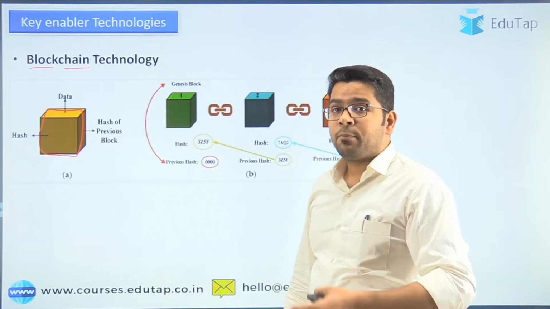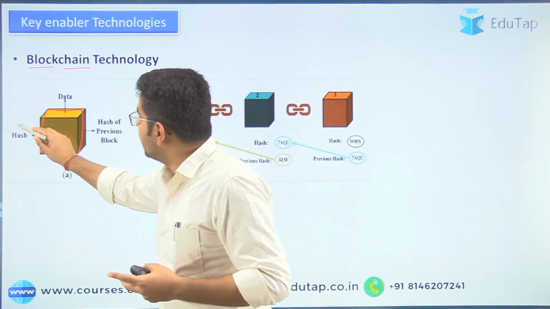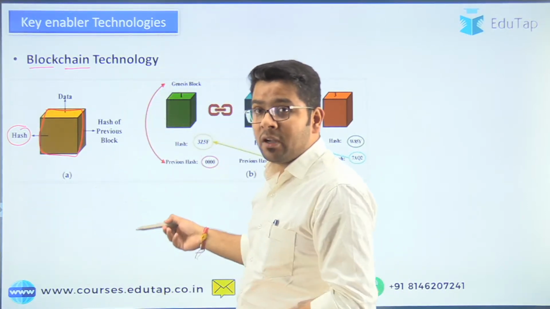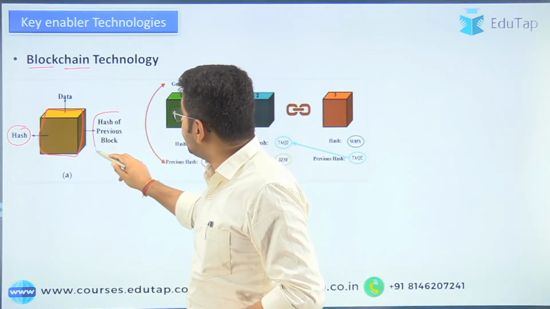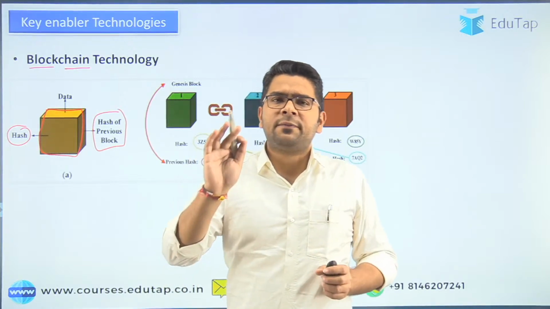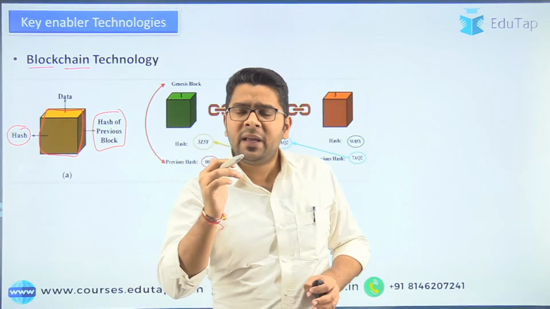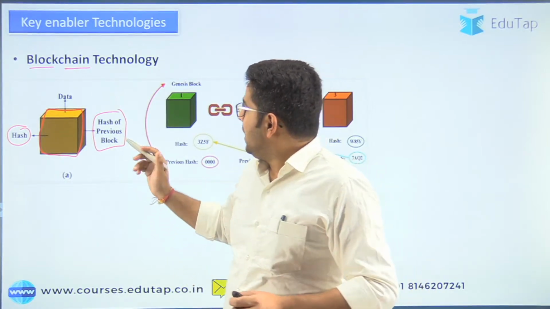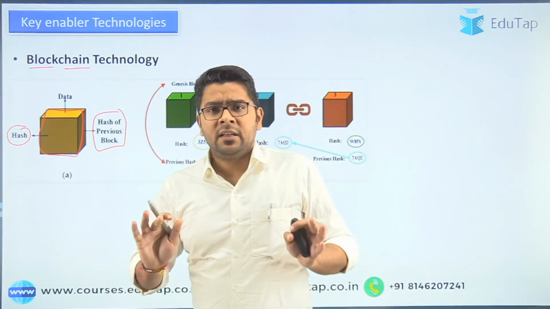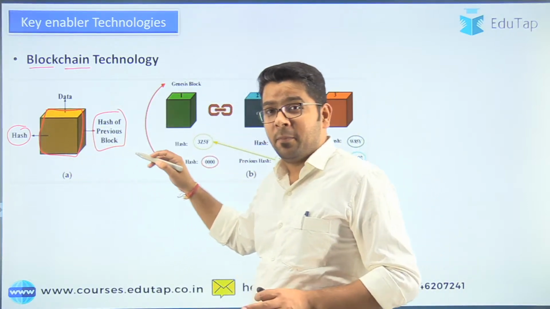The other two parts of this block are the hash of this block and the hash of the previous block. Hash, in very simple words, is just a key, just like an OTP, but it doesn't change with time.